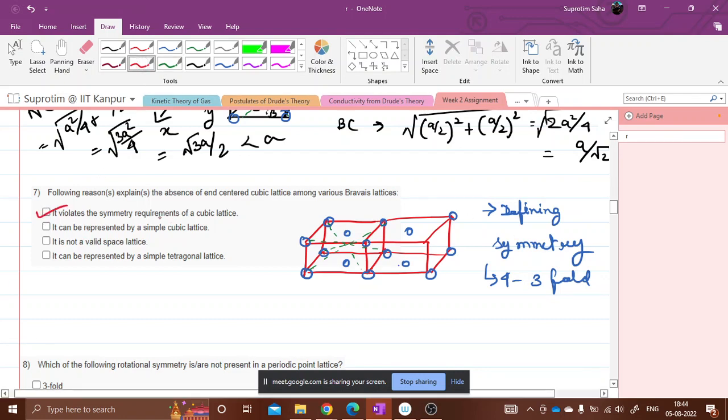It can be represented by a simple cubic lattice. Of course not, I'll come to that. It is not a valid space lattice.